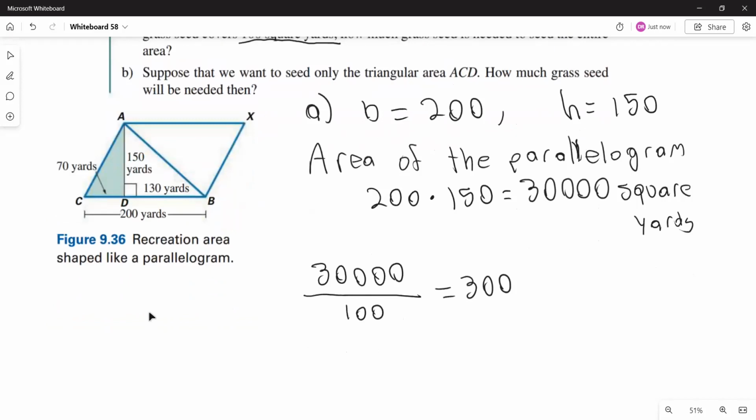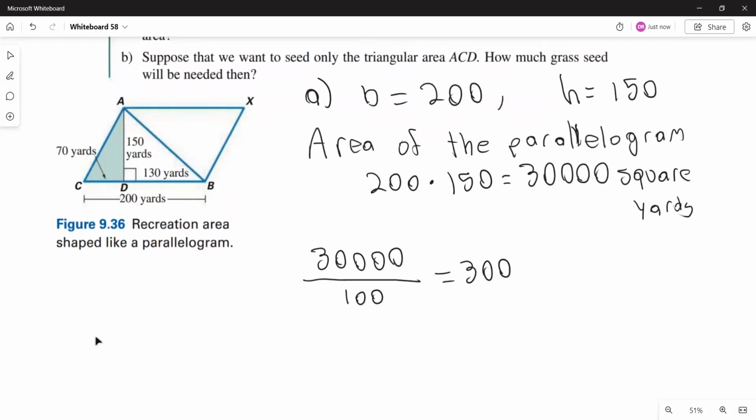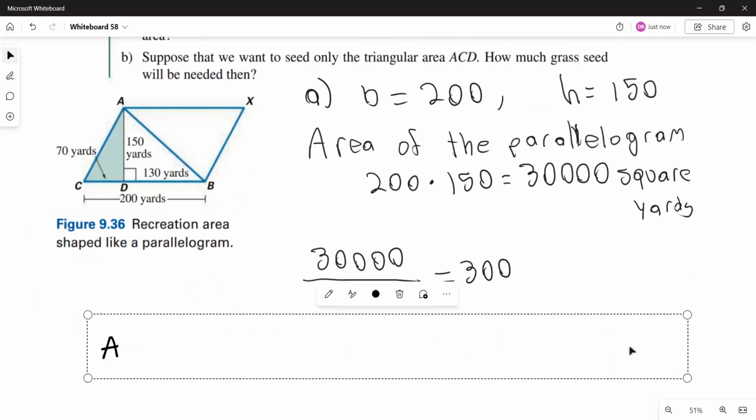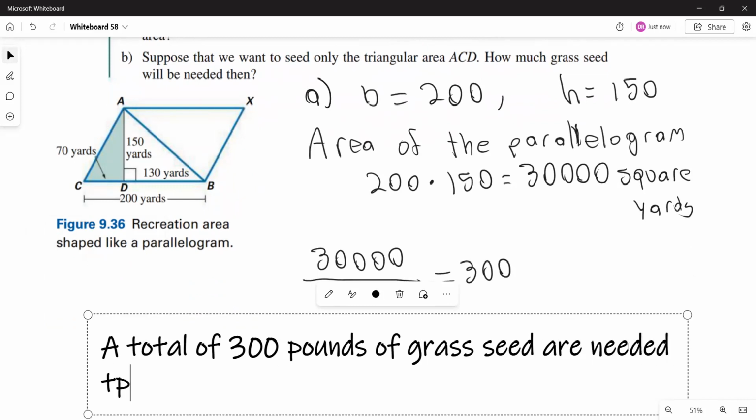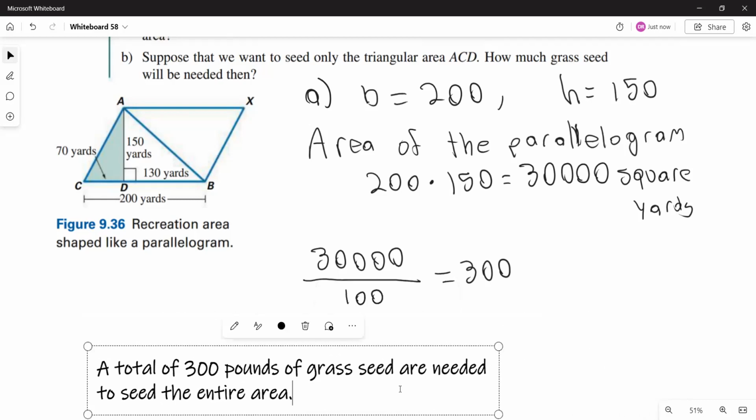And the conclusion is that a total of 300 pounds of grass seed are needed to seed the entire area. That's part A.